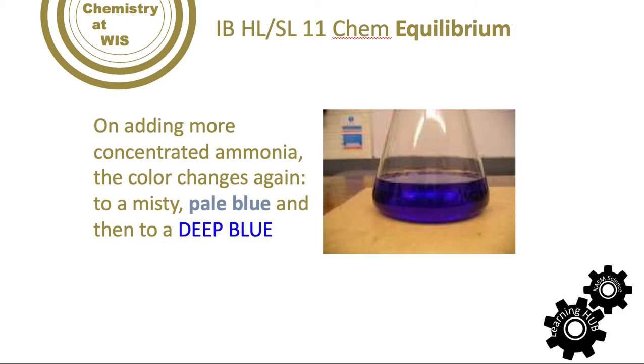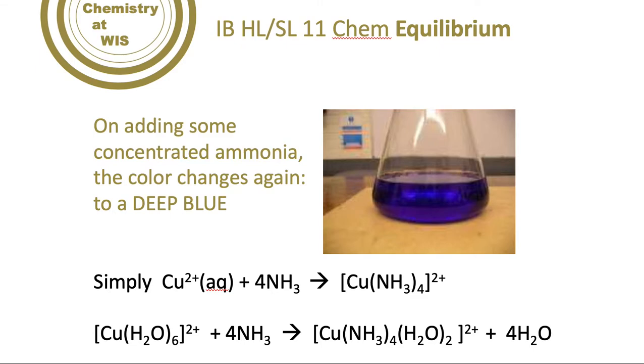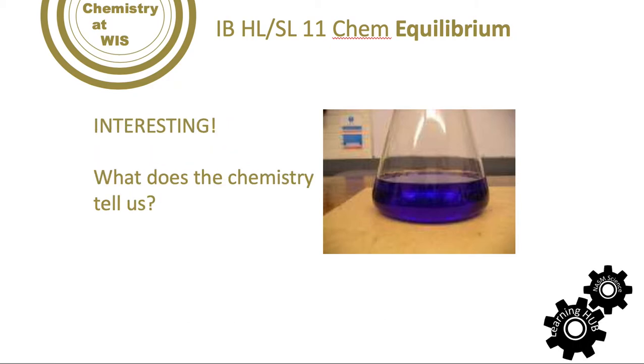If we continue adding concentrated ammonia, it goes to a deep blue, because you make a complex ion where you have 4 ammonia molecules with each of the copper ions, the cuprammonium complex. So these are ammonia molecules with no charge, and the copper is still a copper-2 ion.